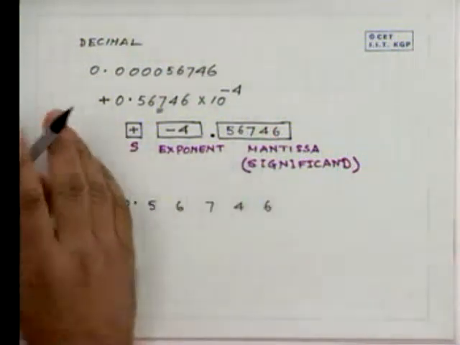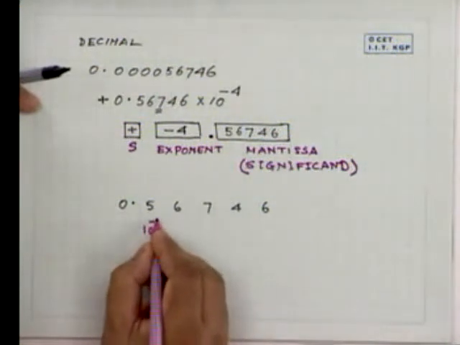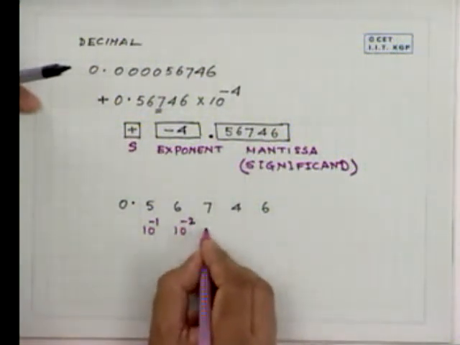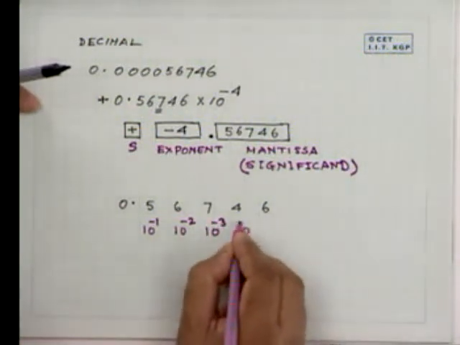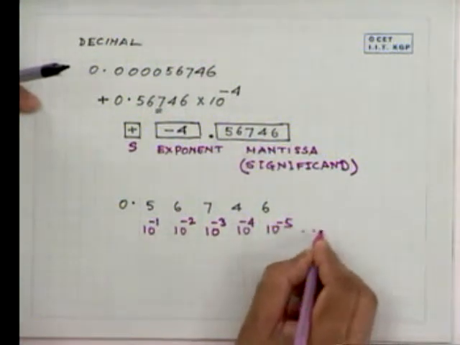In 0.56746, the weightage of this digit is 10 to the power minus 1, this one is 10 to the power minus 2, this is 10 to the power minus 3, this is 10 to the power minus 4, and this is 10 to the power minus 5, and so on.